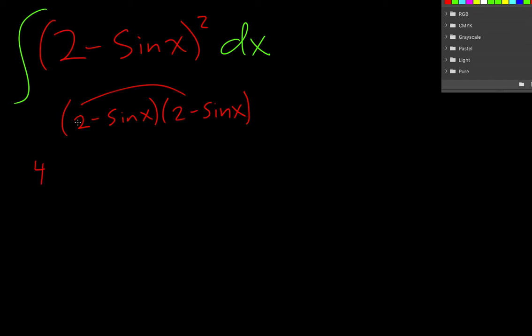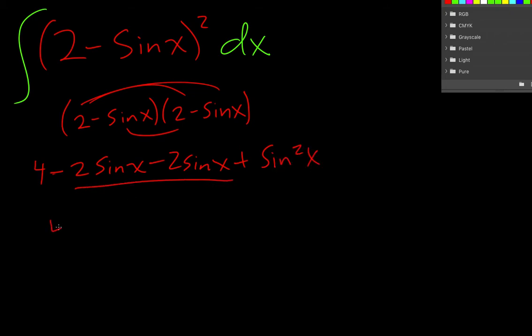So we get 4 minus 2 sine x minus 2 sine x plus sine squared x. Combine like terms. Okay. Put my dx back in there and my integration symbol.